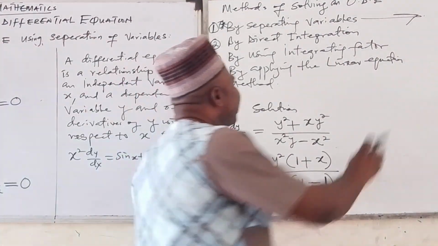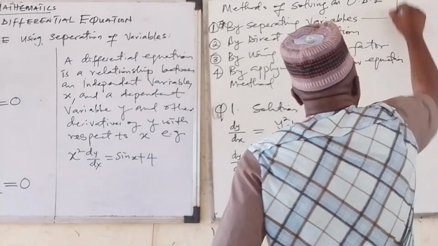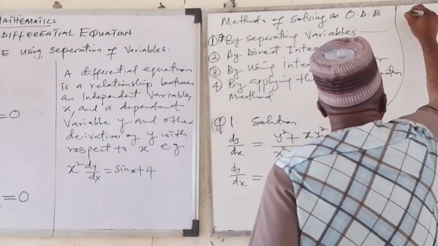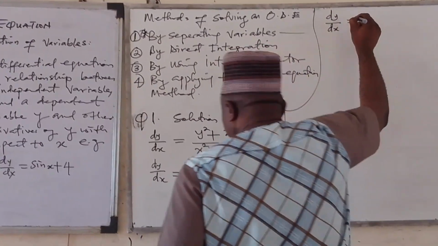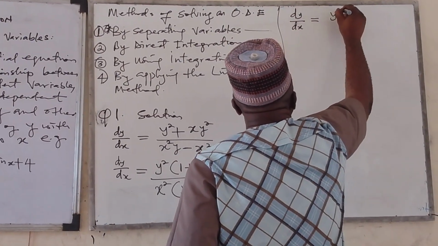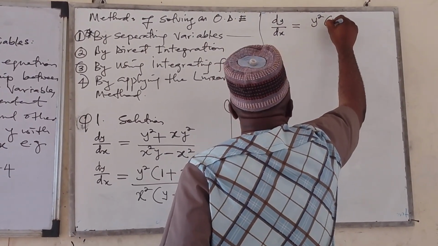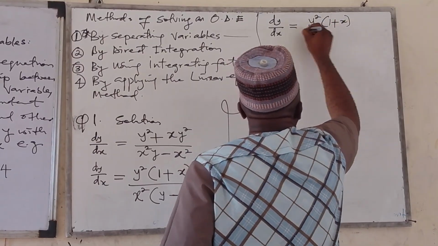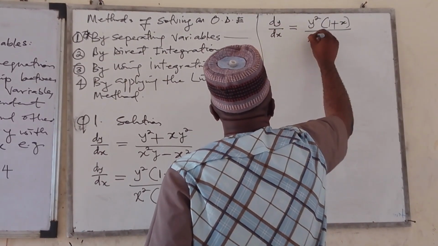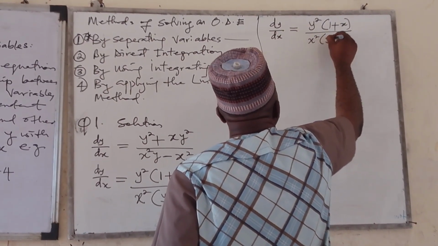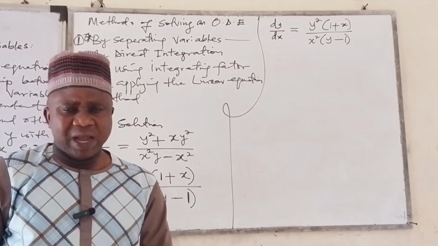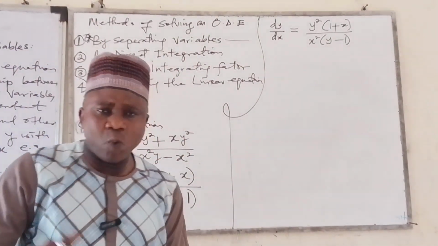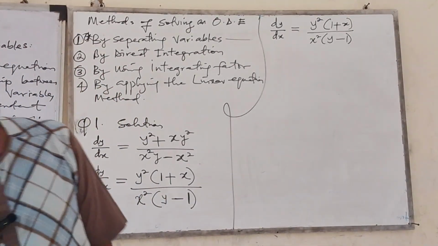So now, it means that dy/dx will be equal to y squared (1 plus x) all over x squared (y minus 1). Here, the variables involved in this equation are x and y. They are the two variables that are actually involved.